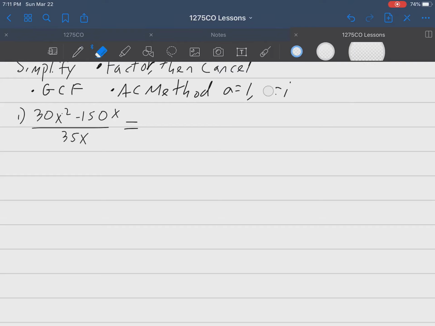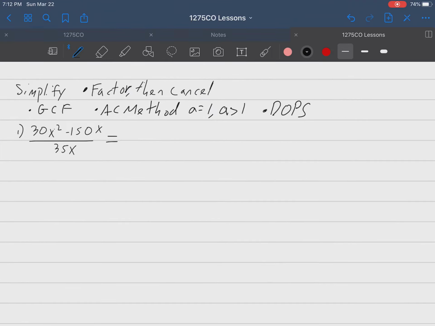Those are what we do for quadratics. And then there's also difference of perfect squares. So the instructions being to factor first means all the methods of factoring.